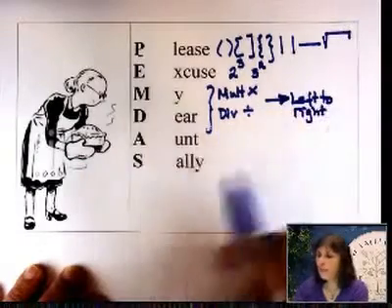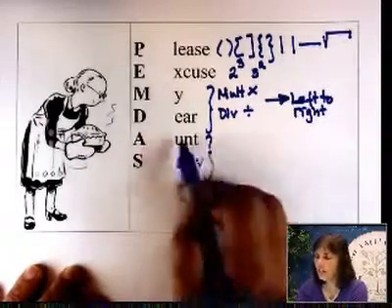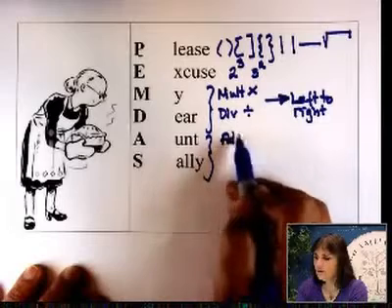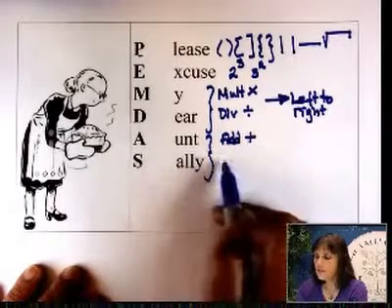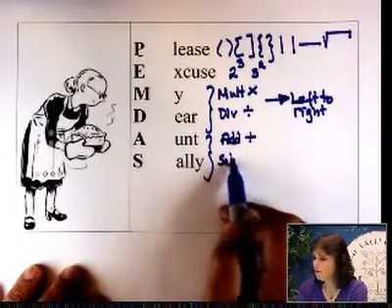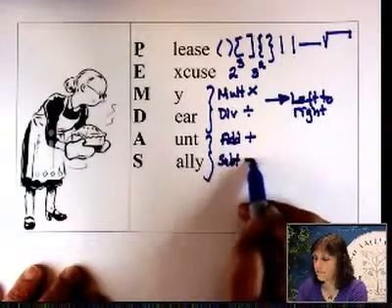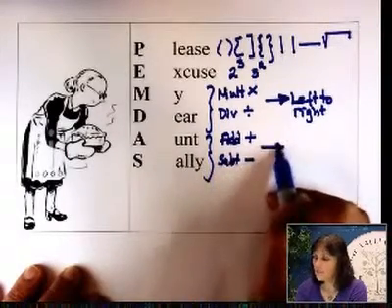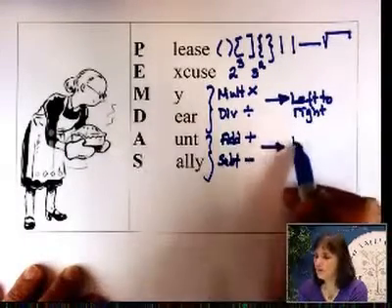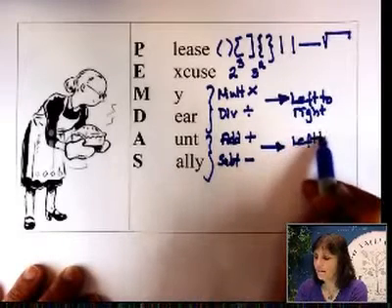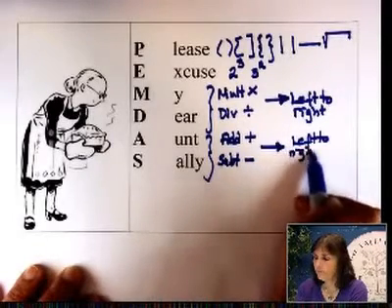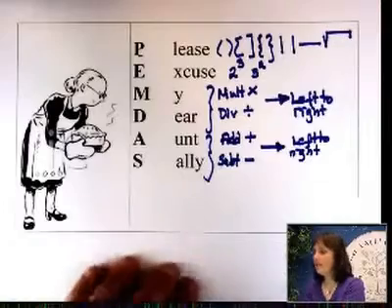Now, Aunt Sally part, A stands for addition, and S stands for subtraction. And again, when you see addition, subtraction together, you do them from left to right. So let's talk about some of these particulars.